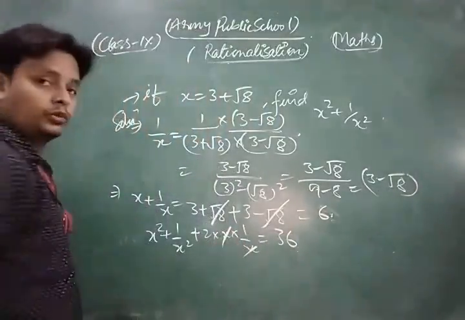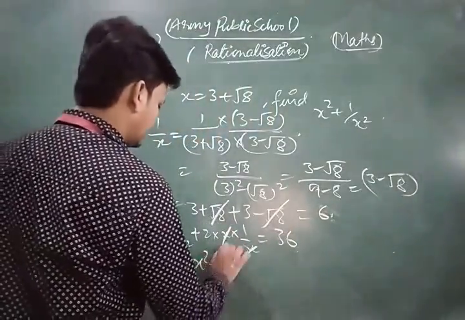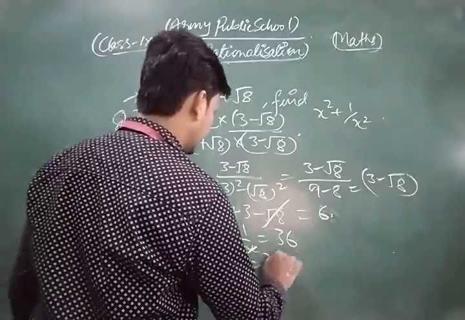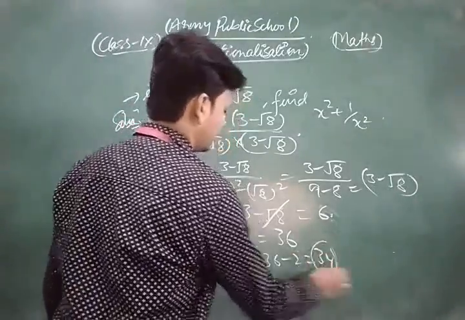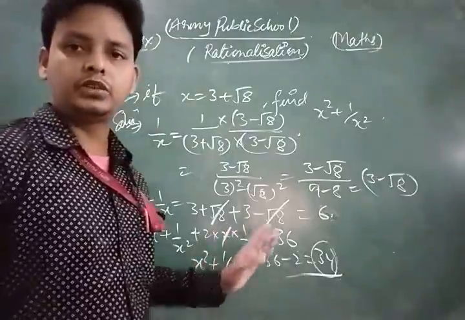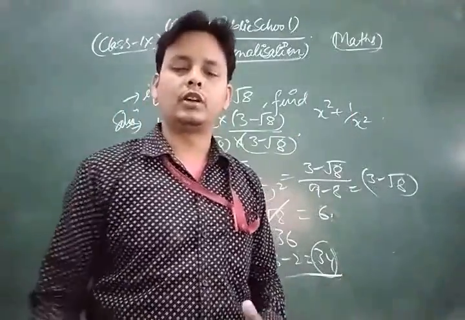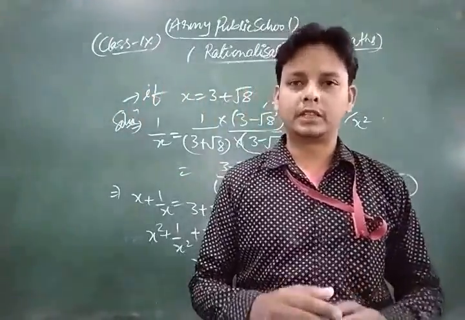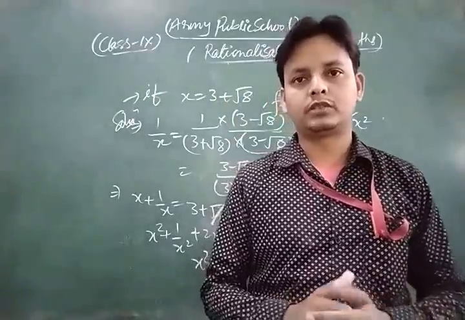Now x cancels with 1 upon x. So we get x square plus 1 upon x square is equal to 36 minus 2, that is 34, the required answer. So in this way, dear students, you can solve this type of question. Now in the next class we take and solve some other important questions based on this topic. Okay dear students, thanks to all.